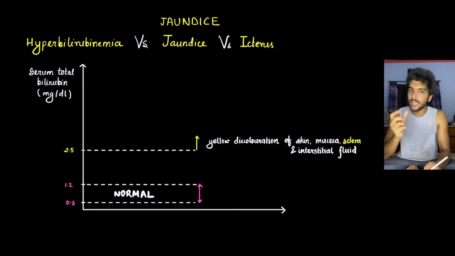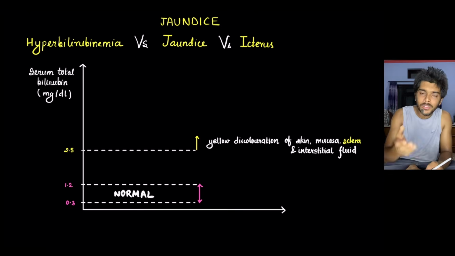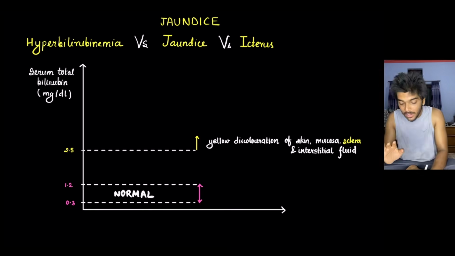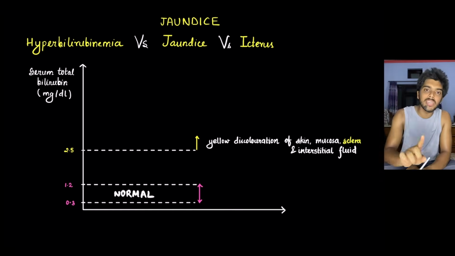Bilirubin itself is yellow in color. So if it goes and deposits in skin, sclera, mucosa, and interstitial fluid, it is going to turn those parts yellow as well, leading to yellow discoloration. And this yellow discoloration is finally referred to as jaundice. So just because there is increased level of bilirubin, it doesn't mean the person has jaundice.